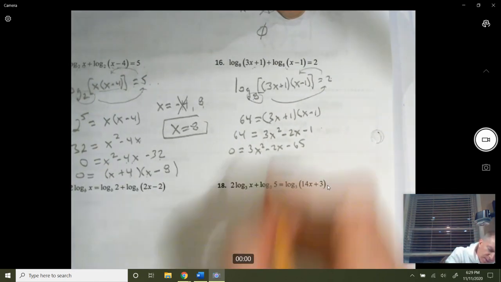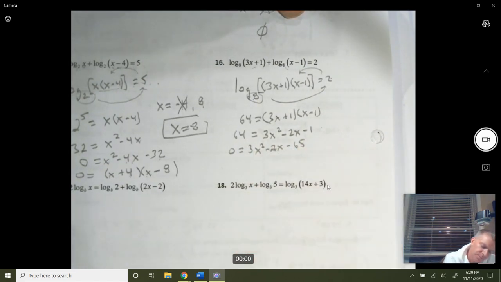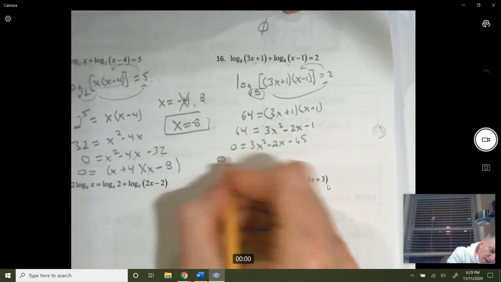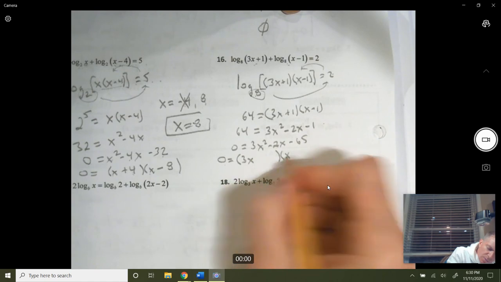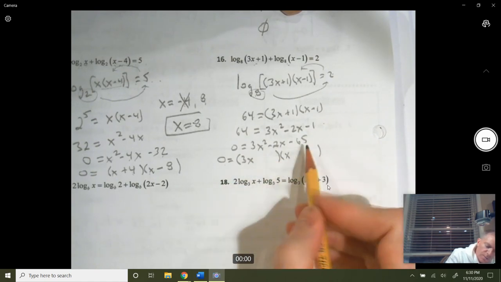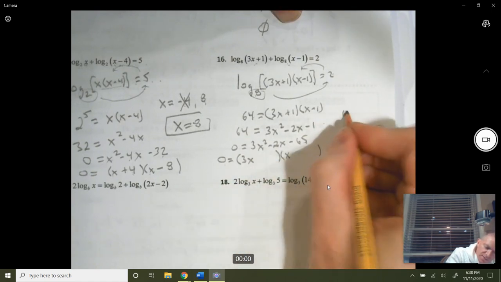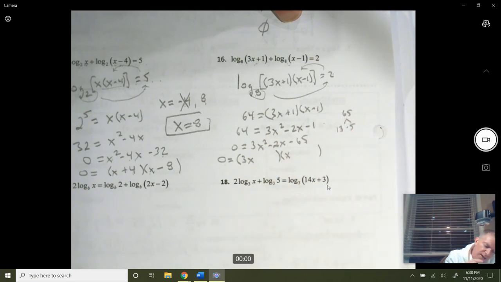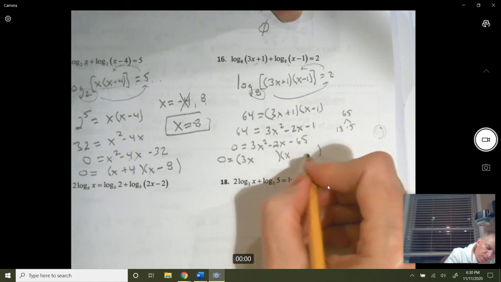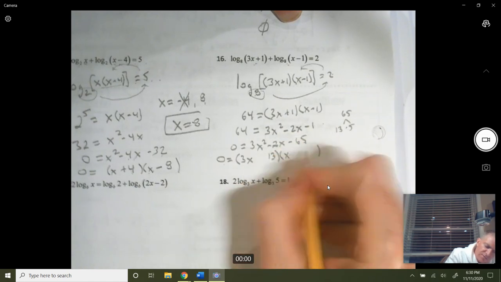Oh, brother, do we think that's going to factor? Let's try it. So this would have to be a 3x. This would have to be a 1x. And what multiplies to 65? 13 times 5. Should we try that? 13 and 5.